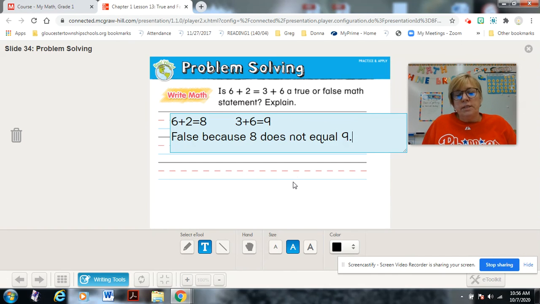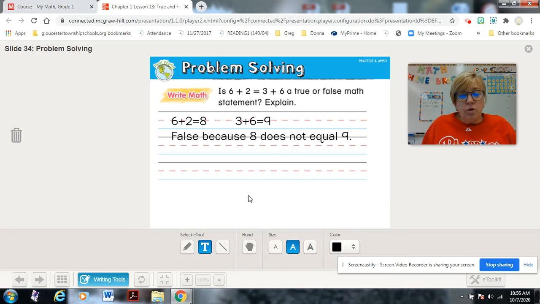So that's why it's false. That is, I will tell you, a challenging math problem, okay? But when you take it apart and you first figure this, you can do 6 plus 2, you can do 3 plus 6, right? And then when you look at it, you're like, no, 8 doesn't equal 9. So that's why I said, when we practice and learn things, it's not as difficult as it looks. That looks really long, but no, you take it apart into pieces and you can figure it out.